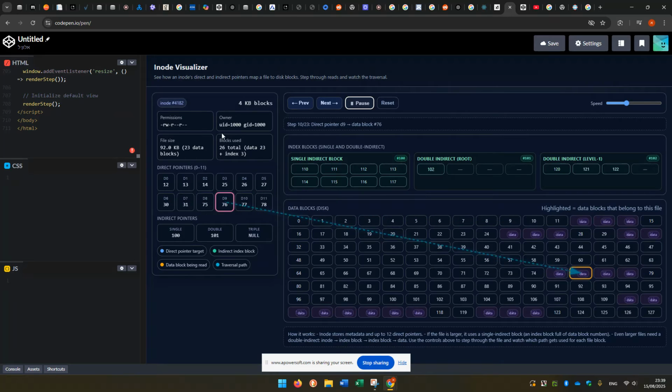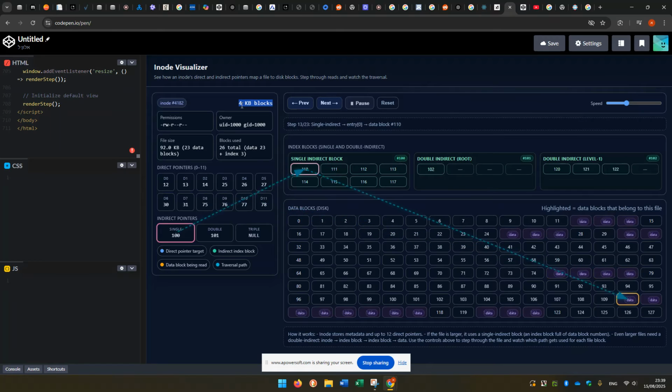a more complete inode. So I have an inode. You see that it starts with the metadata of the file. What are the permissions? Where is the size of the file? And what is the owner block used? So you can see that the size of the file is 92, and each block of data is 4 kilobytes.